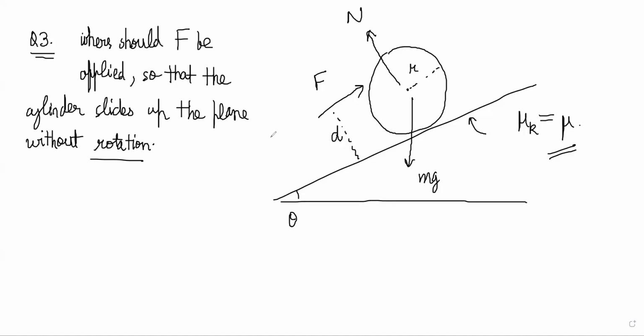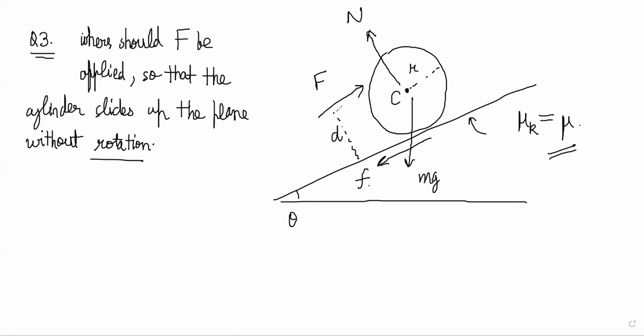If you were trying to slide the cylinder upward, friction will try to act backwards like this. Now, if there is supposed to be no rotation, what does that mean? No rotation will happen only if the torque about the center is zero, correct?